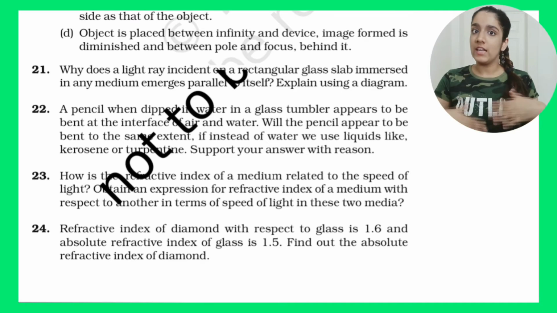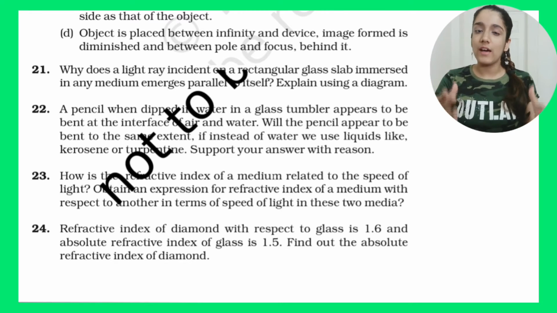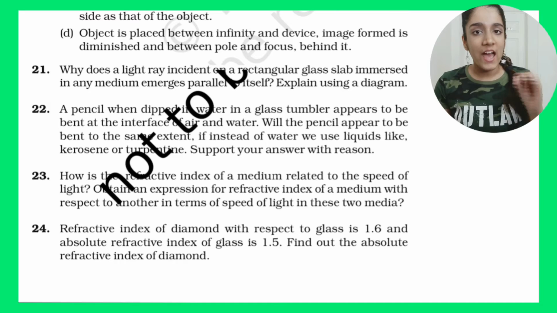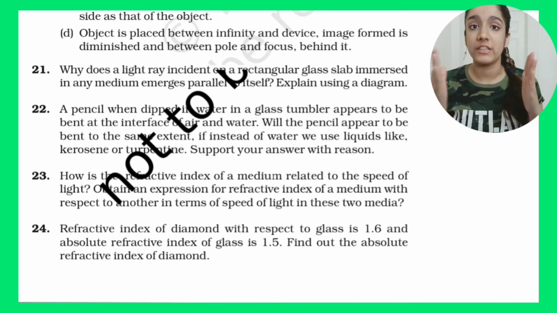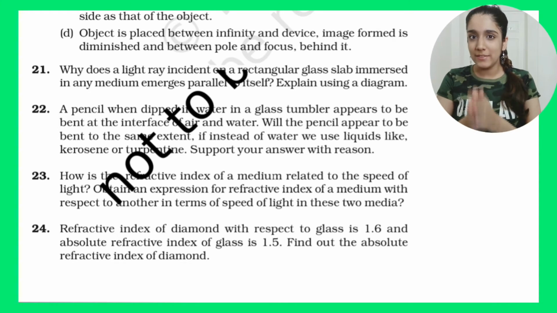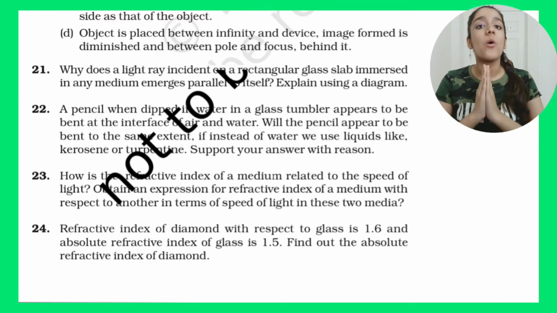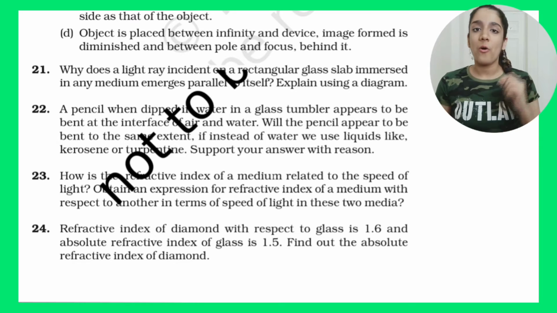Then again refraction takes place as the light ray is going from the glass-air interface to outside, and here refraction takes place while the light ray is going from a denser medium to a rarer medium and away from the normal, and this emergent ray is always parallel to the incident ray, and this will give you 3 marks because all of these short answer type questions are of 3 marks.